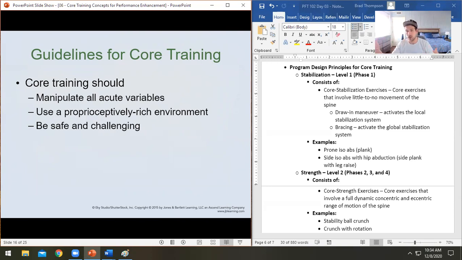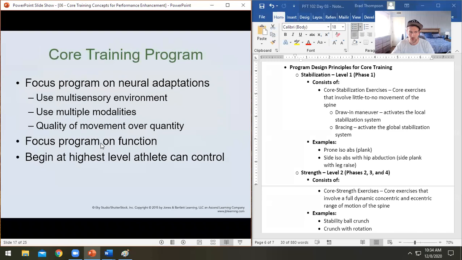Suddenly that exercise is harder. Create some instability in order to increase the difficulty rather than just doing more reps, which is what most people do. And we're going to focus on neural adaptations. We've already talked about that. We're going to use multiple modalities. We're going to focus on a multisensory environment. We're going to use different pieces of equipment.